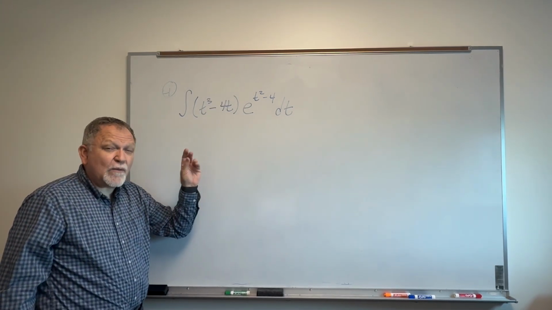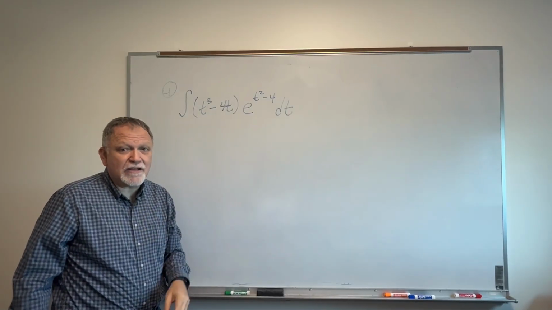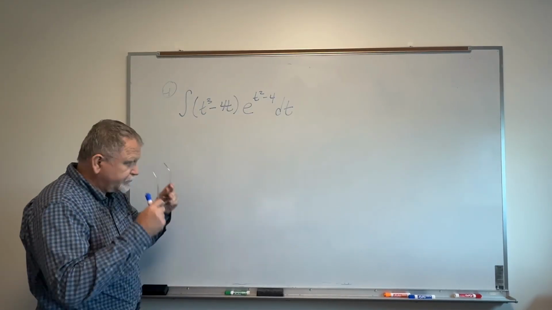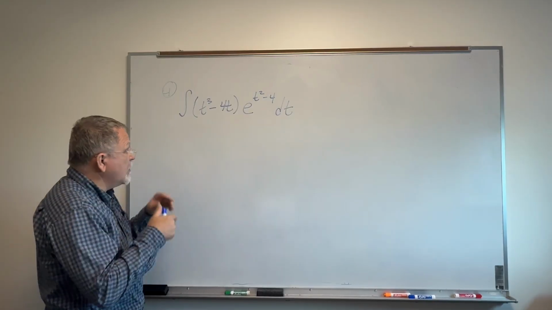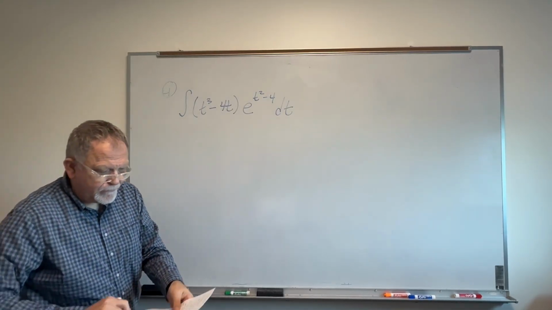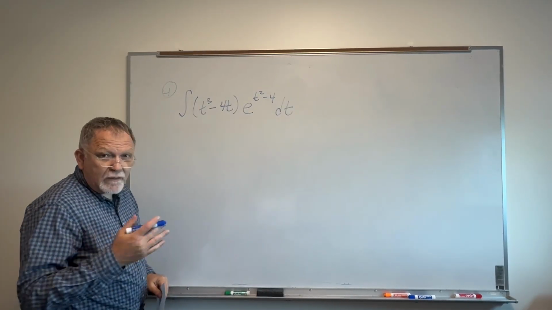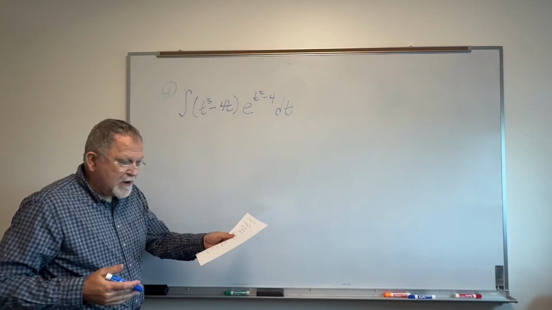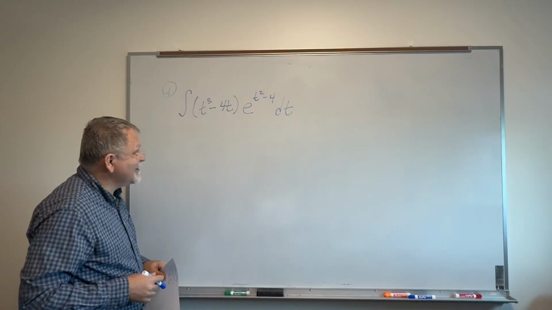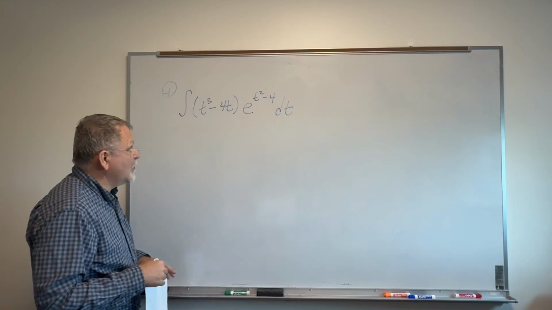As it turns out, I'm going to use both integration by substitution and integration by parts. So let's start off, first of all, with integration by substitution. And I will go ahead and walk through that. I'll be referring to my notes because I had to work it out separately, do a little bit of trial and error to figure out how to approach this.